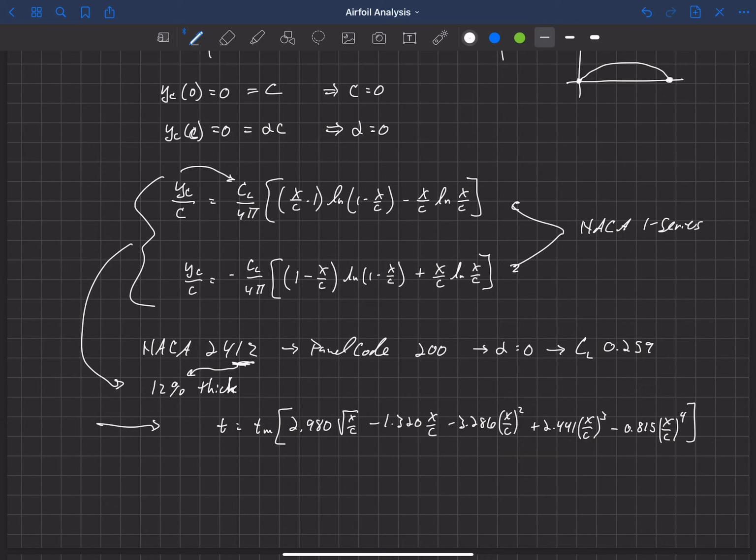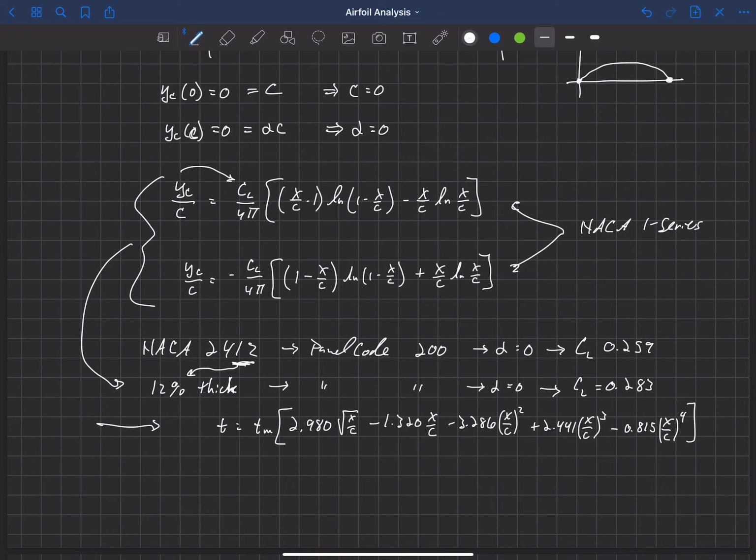And when I did that with this 12% thickness with the panel code, I did the panel code with 200 nodes and still alpha equals 0. And this gave me a lift coefficient of 0.283.